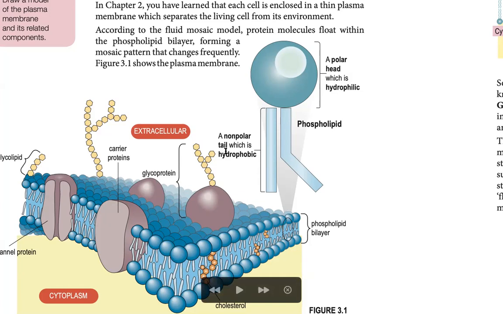Try to guess. Kalau yang ni hydrophilic, attract to the water. Kalau hydrophobic, so tail is hydrophobic. Hydrophobic means that it does not attract water. Instead, it attracts fat. So tail ni dia adalah hydrophobic. So hydrophobic will attract fat, not water.